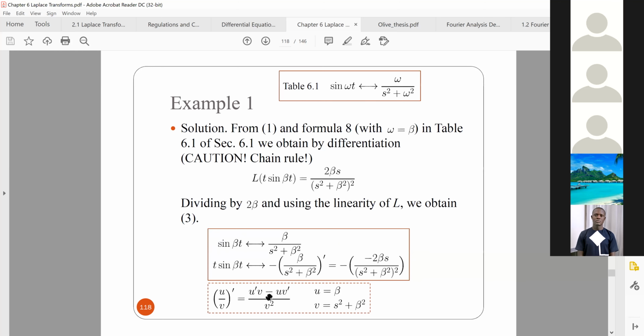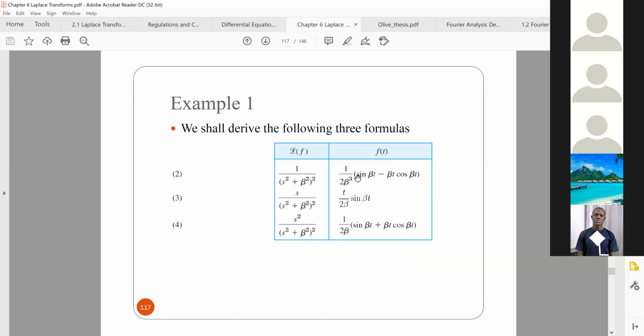If you substitute into this formula, taking u as beta and v as... okay, I got confused because I was looking at omega. So our formula is this. Remember, we are using beta, not omega.